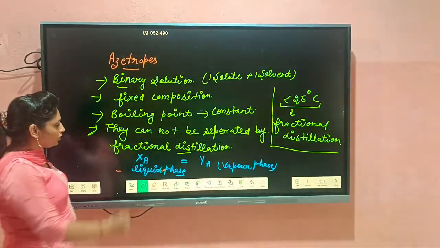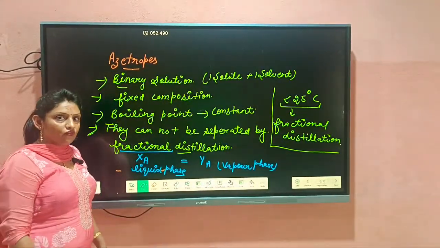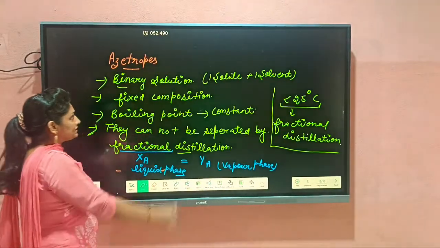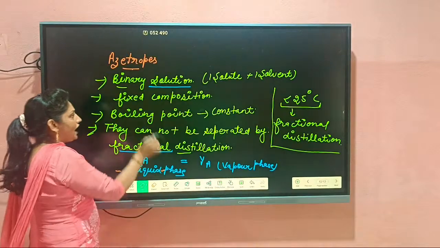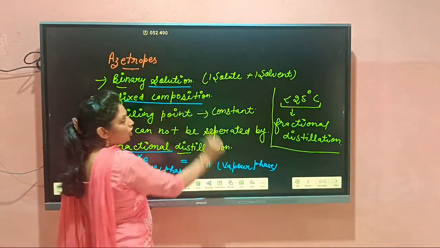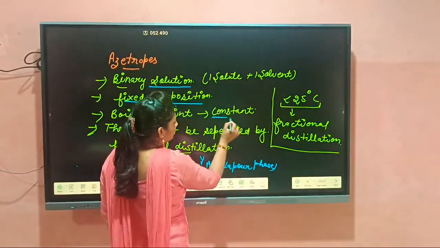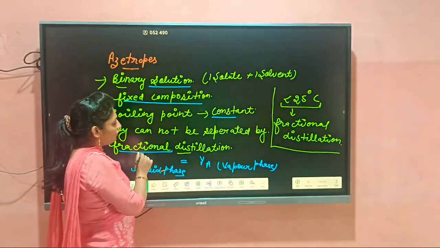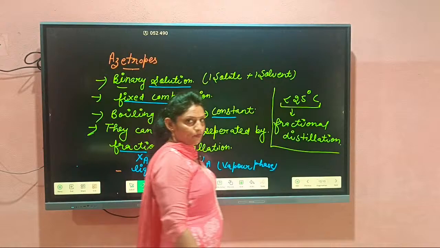So they cannot be separated by fractional distillation. So what do you mean by the azeotropes? An azeotrope is a type of binary solution which has a fixed composition of the particles and a constant boiling point, and which cannot be separated by fractional distillation.